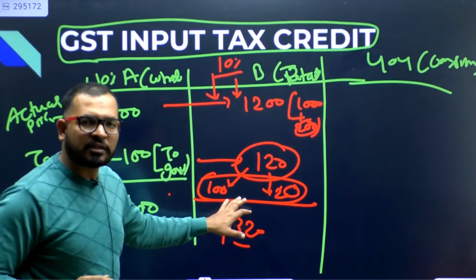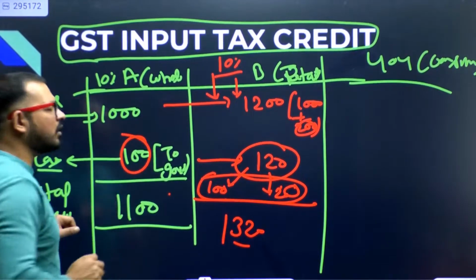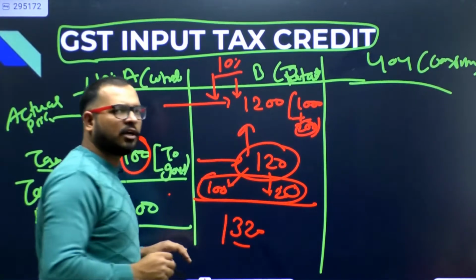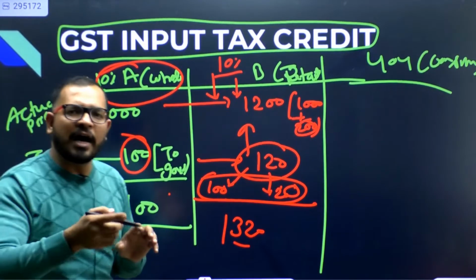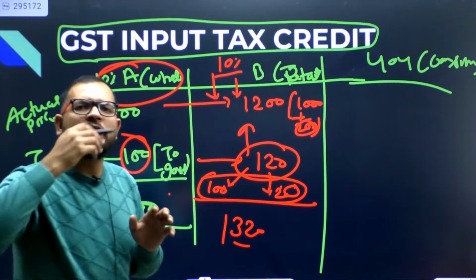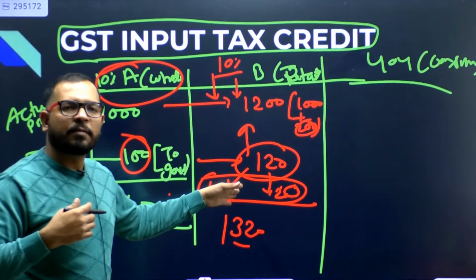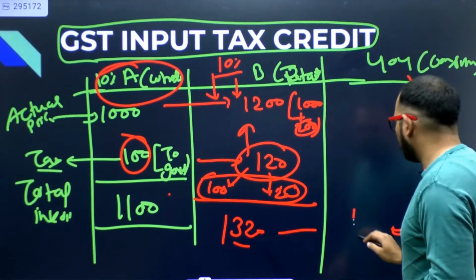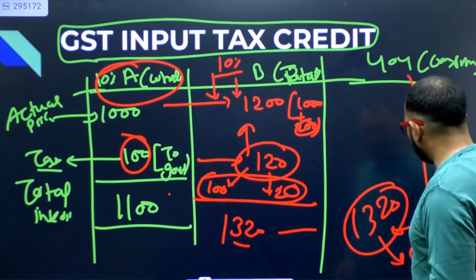To the government. Government already got this 100 rupees. So the wholesaler A will ask the government to repay his 100 because the government already got it. Here is you, the consumer. So you will be charged how much? 1320. It is the actual consumption price.